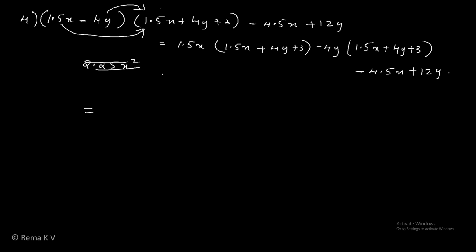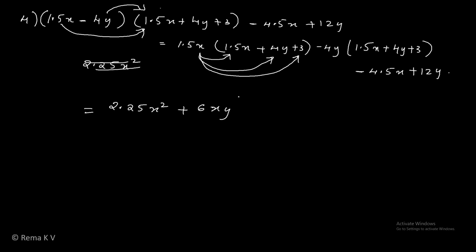So this is equal to, multiplying these two, you will get this as 2.25x². These two will give plus 15 into 4, 60. So it is 6xy, one decimal place. So it is 6xy.